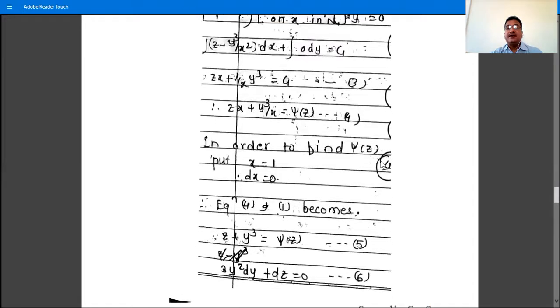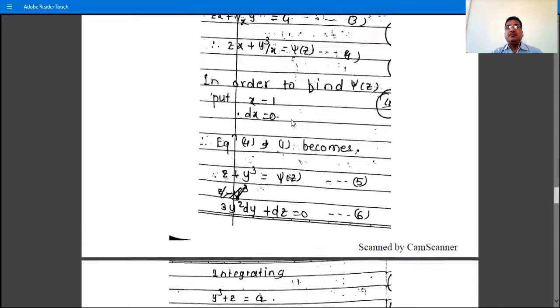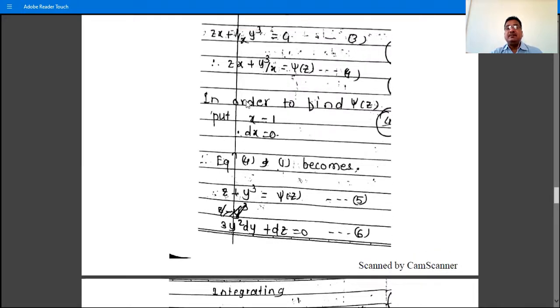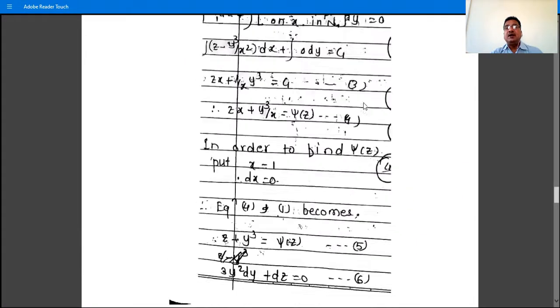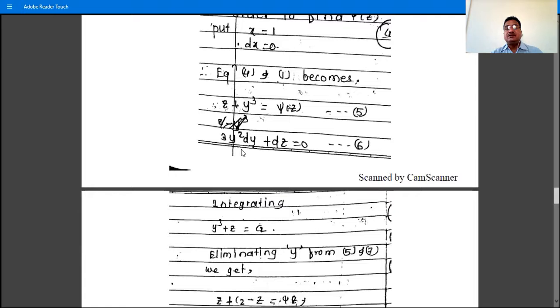Then in order to find psi z, put x is equal to 1 in equation number 4 and 1. So x is 1, therefore dx is 0. Therefore equation 4 becomes z plus y cube by 1, that is y cube, is equal to psi z, equation number 5, and equation number 1 becomes 3y square dy plus dz is equal to 0, equation number 6.